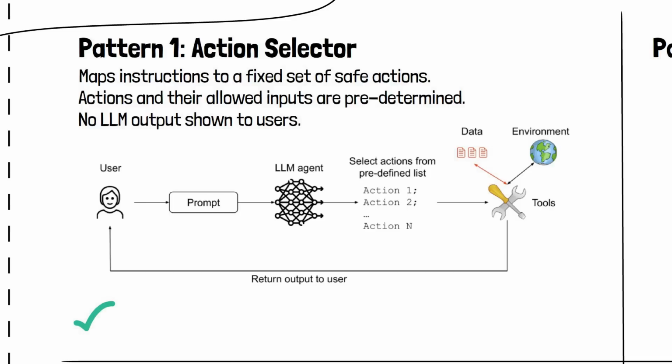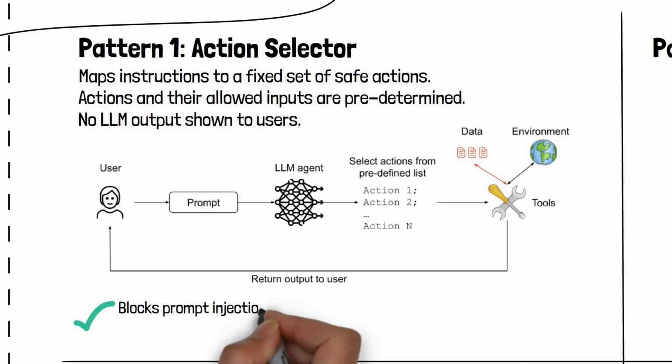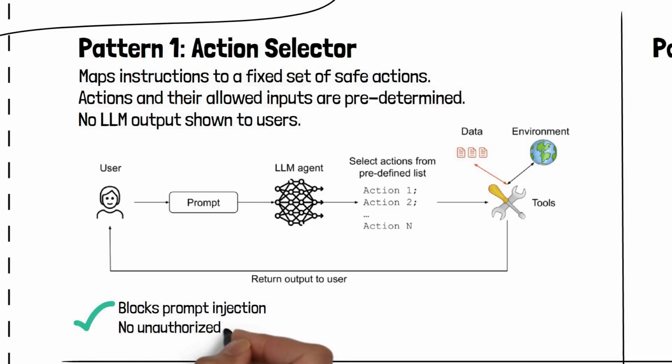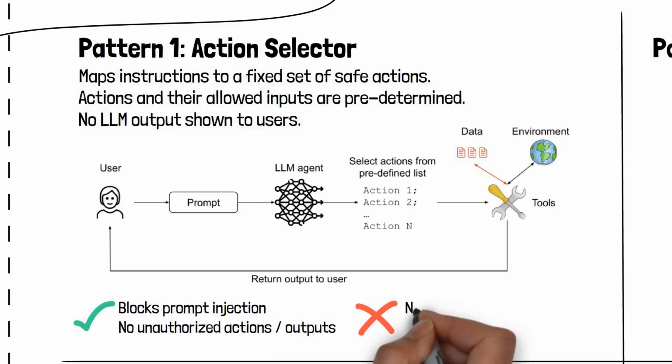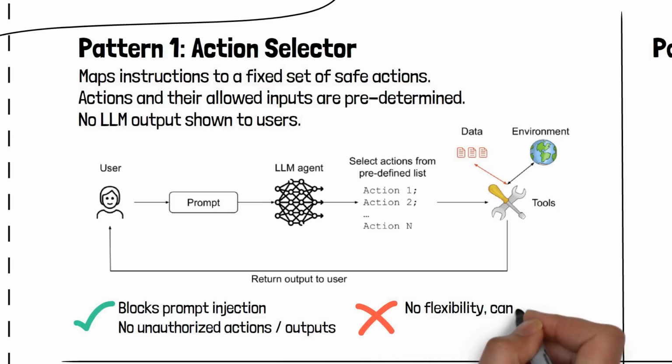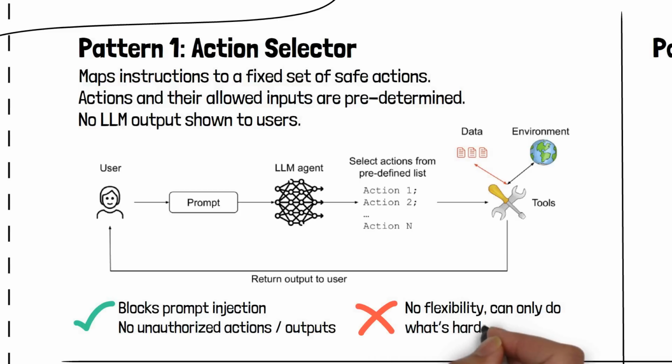The advantage is clear. This approach blocks prompt injection from ever triggering unauthorized actions or causing malicious outputs. The trade-off is a lack of flexibility. The agent can only do exactly what developers anticipated and nothing more.